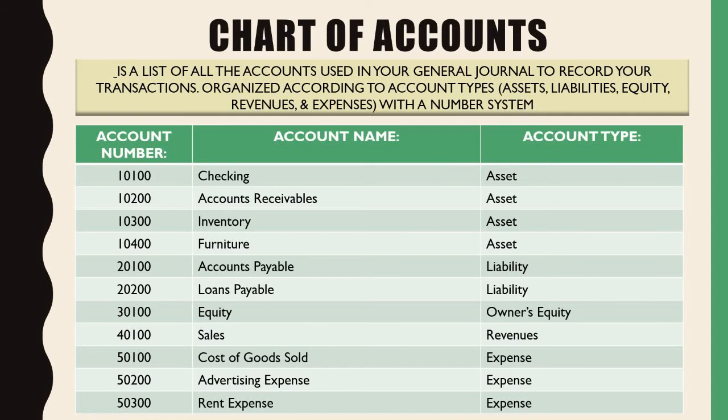This is by far, to me, the easiest way to recognize all the accounts that you have in your chart of accounts. You should be given a chart of accounts before journalizing. Before anything happens, you need to have a chart of accounts. When we move on to QuickBooks, this is what it looks like, but you're also given on the side a little balance of how much is in each account.